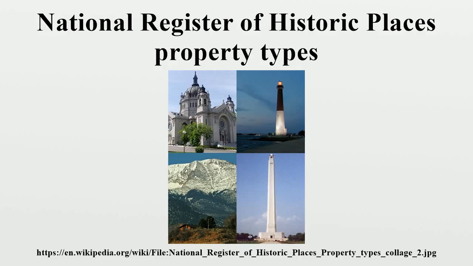Special register bulletins cover application of the criteria for evaluation of aids to navigation, historic battlefields, archaeological sites, aviation properties, cemeteries and burial places, historic designed landscapes, mining sites, post offices, properties associated with significant persons, properties achieving significance within the last 50 years, rural historic landscapes, traditional cultural properties, and vessels and shipwrecks.